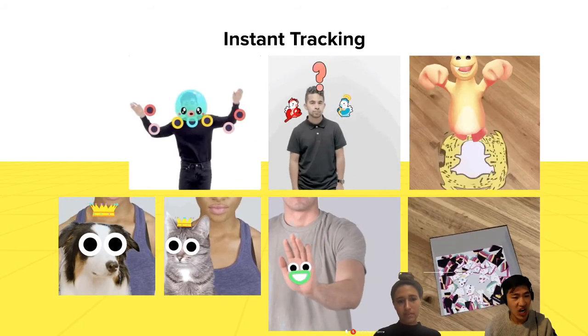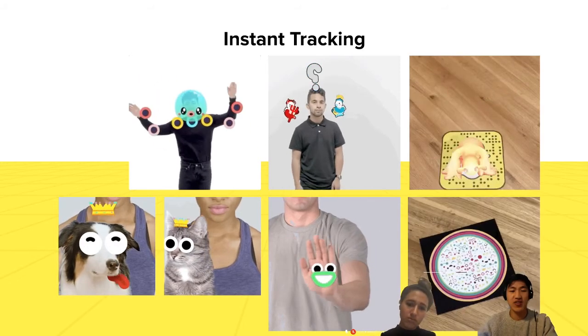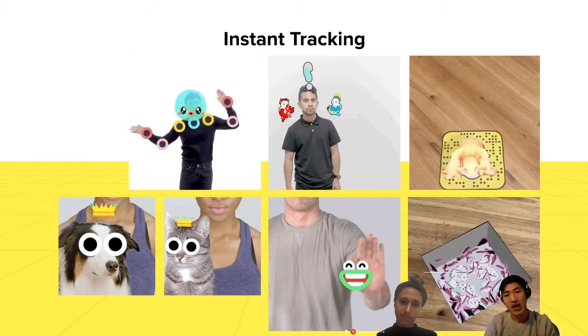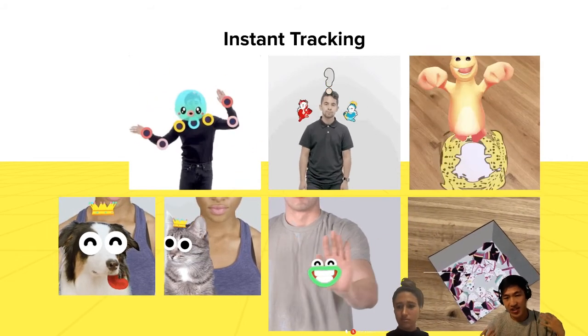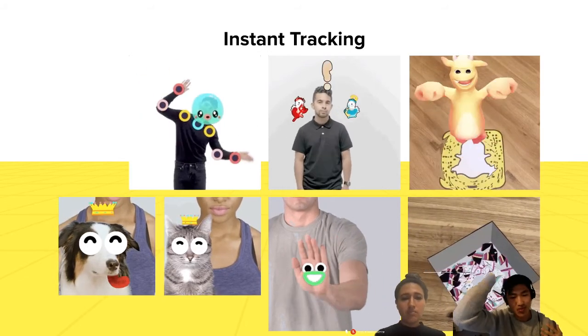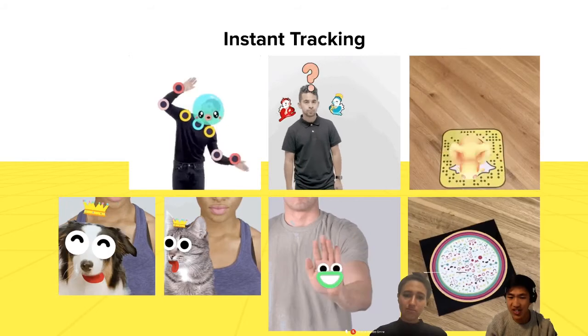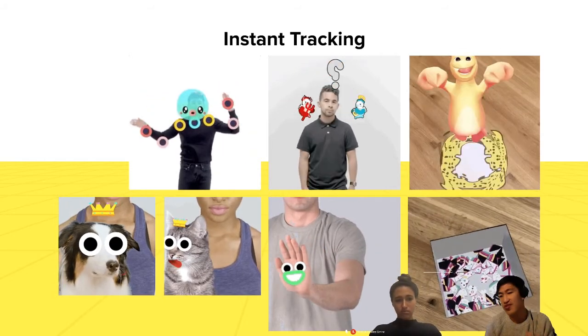We have skeleton tracking. So you can see here in the top right, you can see the joints are moving with the user as they move up and down. We also have shoulder tracking, so you can see we've attached some characters to the left and the right, and also at the top of the head. We have hand tracking, so you can move your hand left and right. This creature moves with it.